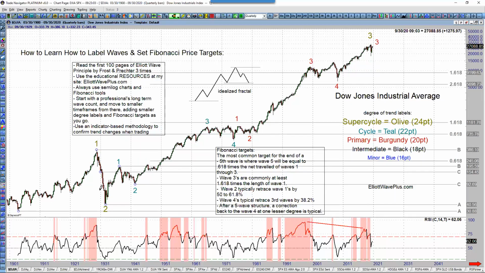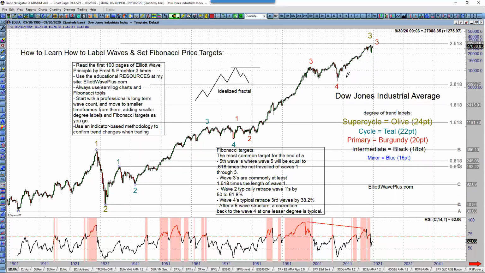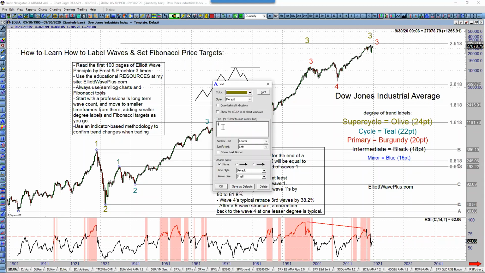There's wave 1, 2, and there is your wave 3, supercycle wave 3 target if it is 2.618 times the length of wave 1. So I'm going to leave that on the chart. 3 equals 1 times 2.618.